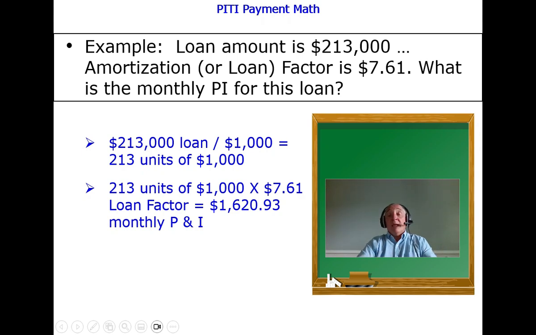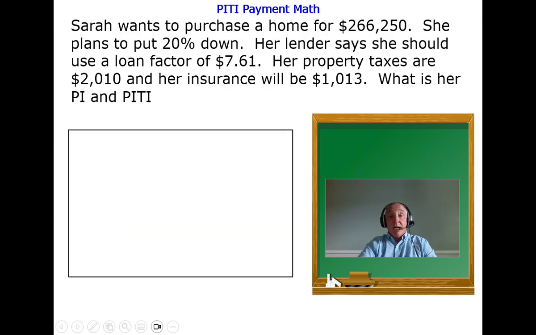Because you're always going to, and the question asks, you're always going to add property taxes and the homeowner's insurance to your payment to get your PITI. Okay, so we got Sarah. So we did that quick example for you to help you out.